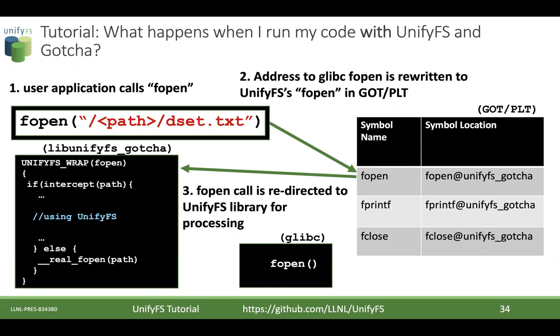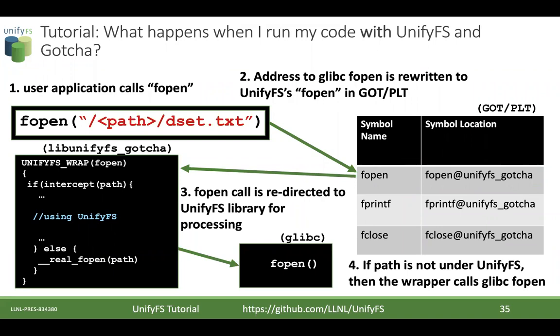And if you're not writing to UnifyFS, you're not restricted only to it. You can still write to the parallel file system. We'll just pass on anything not directed to us to the original call.